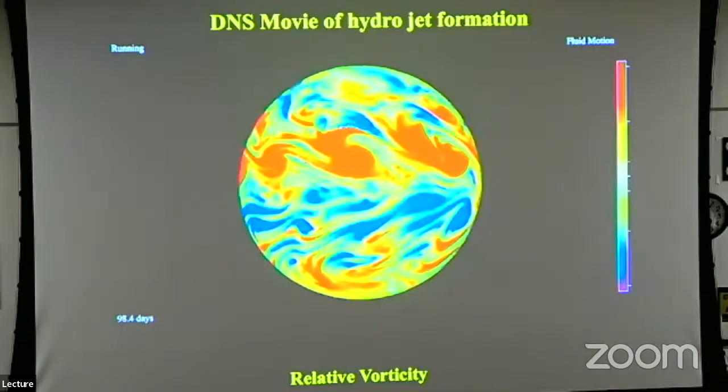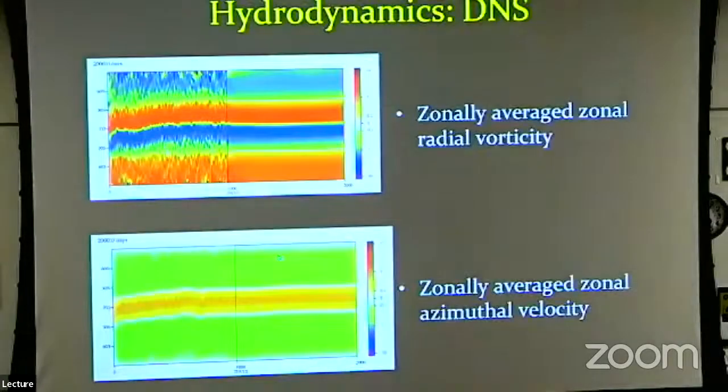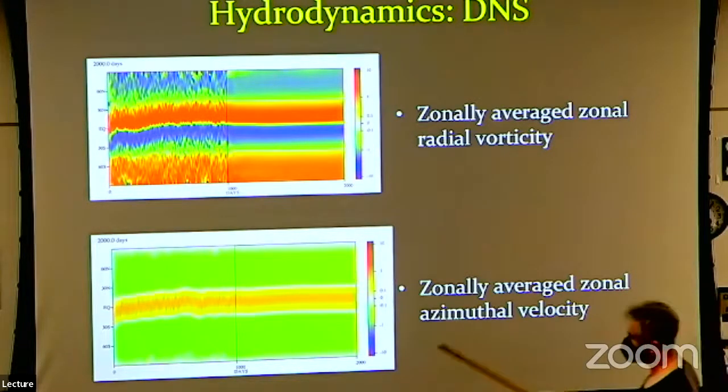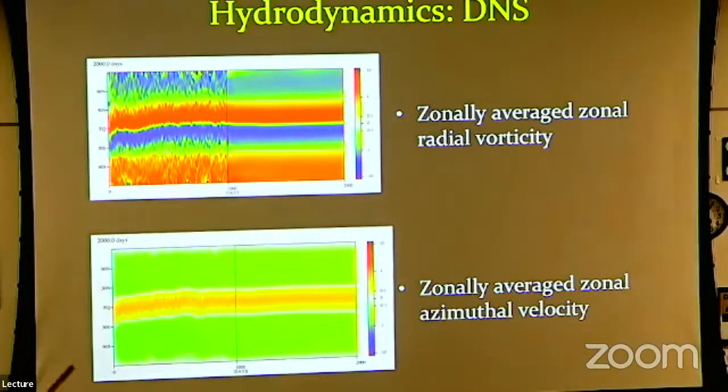So the question then is, what are the means and the 2-point correlation functions? And how well does DSS, the direct statistical simulation, do at capturing those? So what you can do is a longitudinal average to try and find out the mean. This is the radial component of the vorticity. This is the actual zonal flow.